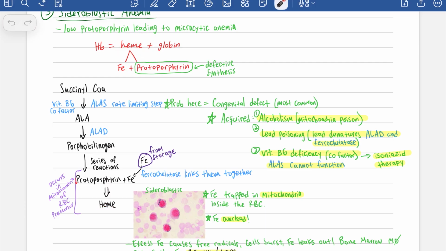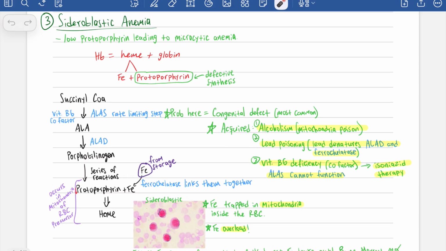Okay. Now, this is where the problem is with sideroblastic anemia. It's a congenital defect, right? That's the most common type. And so you have a problem with ALAS. And that prevents succinyl-CoA from forming ALA and then eventually forming that protoporphyrin.